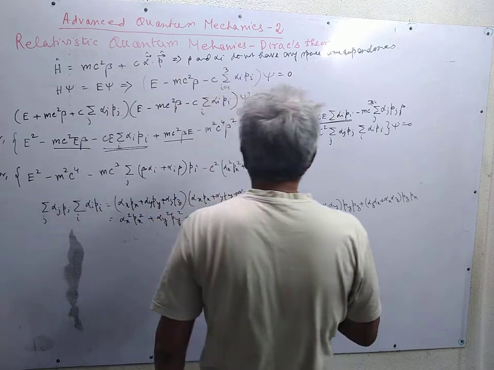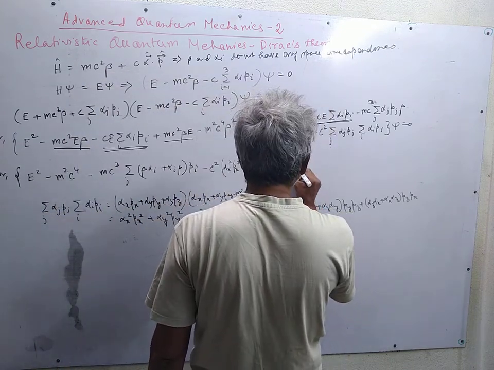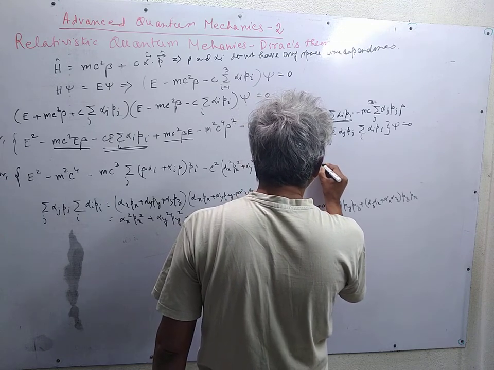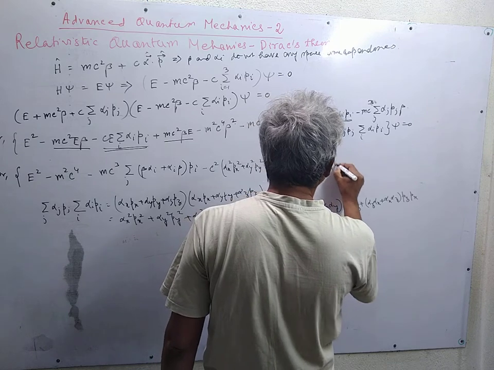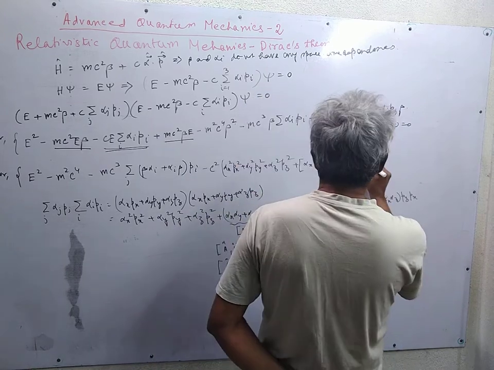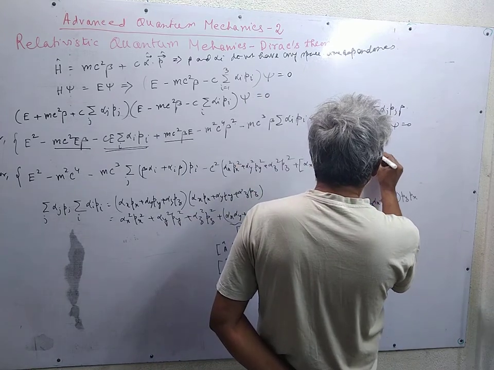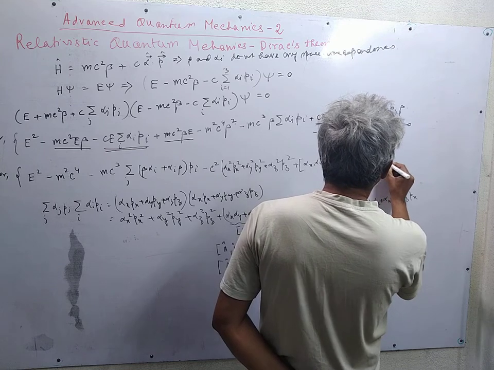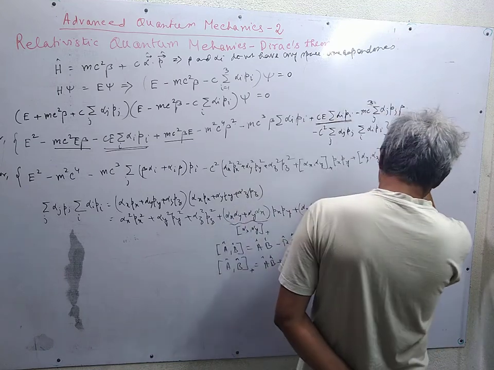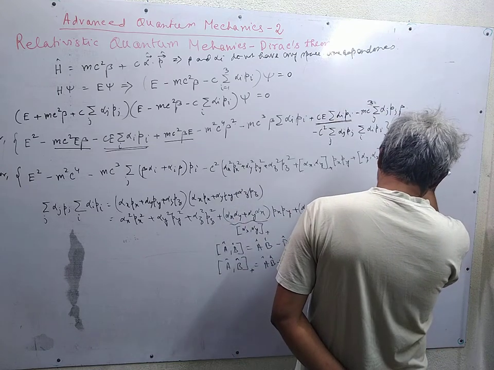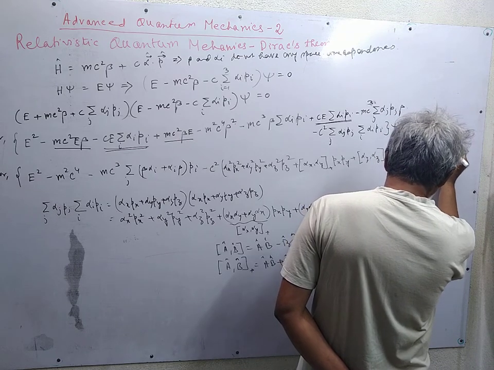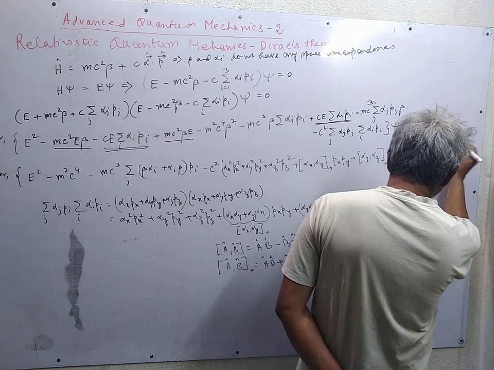So this is plus alpha x alpha y anti-commutator px py plus alpha y alpha z anti-commutator py pz plus alpha z alpha x anti-commutator pz px, operating on psi is equal to 0.